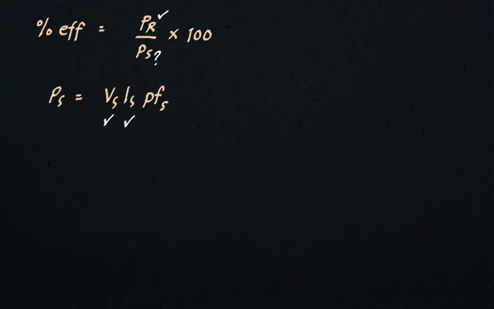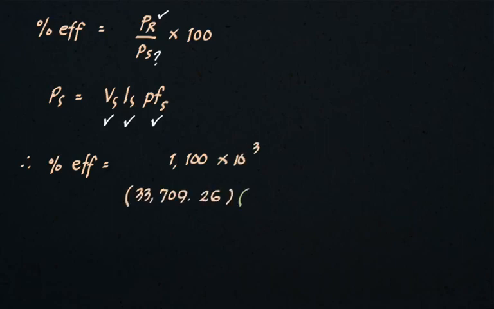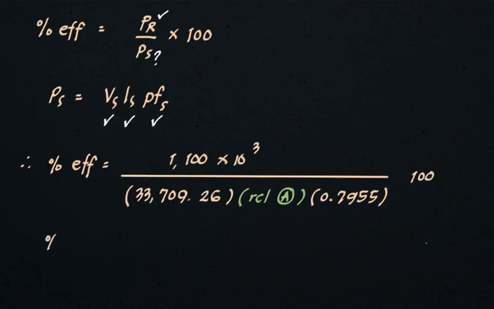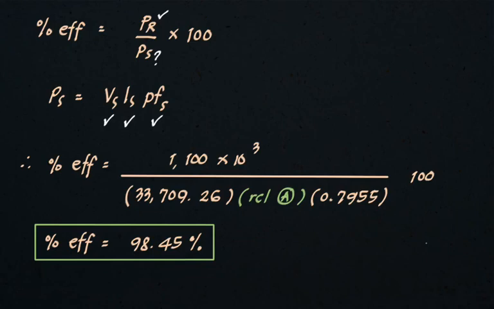We have Vs, we have Is, meron na tayong power factor. Plugging them all in, we will have PS, and the efficiency is 98.45%. I think we will have an illustration wherein we will be using another way of computing the efficiency, no? Okay.